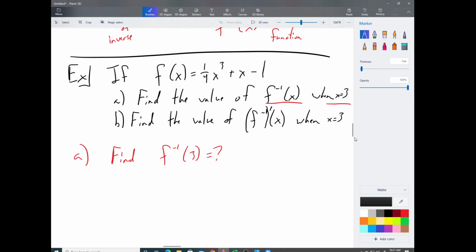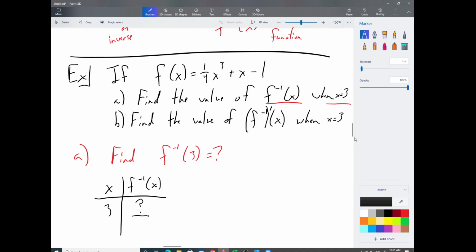For me personally, and you might be different, I like to use the ideas of tables, because when I'm thinking about individual points, those tables are the most helpful. So what I'm looking at is a situation where I plug 3 in for my x and I'm asking you what do I get out for the y.